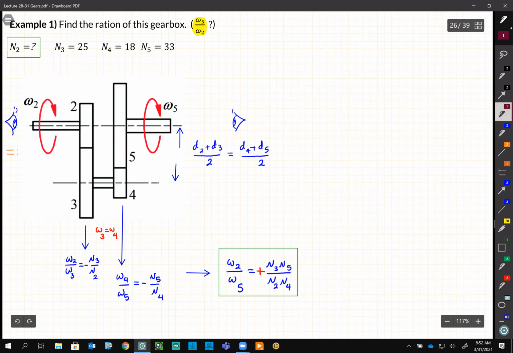And what's the definition of pitch? It is d over n. Replace d by n, then it means n2 plus n3 is equal to n4 plus n5.